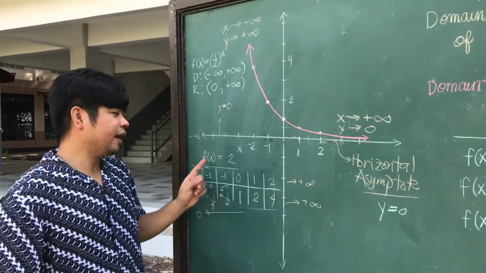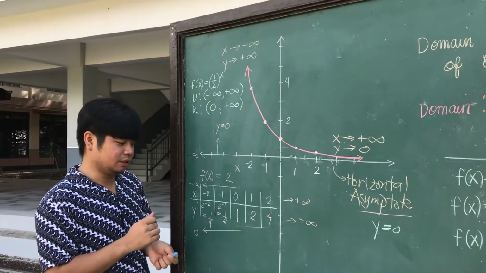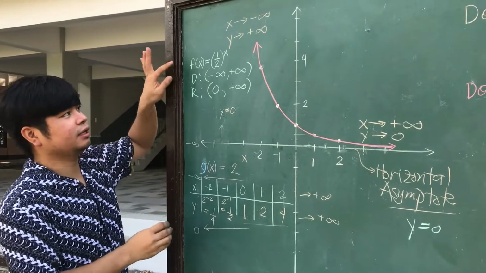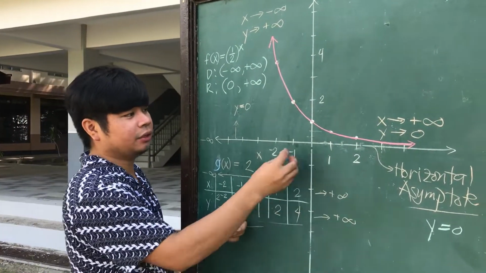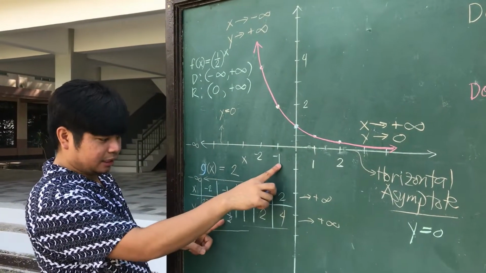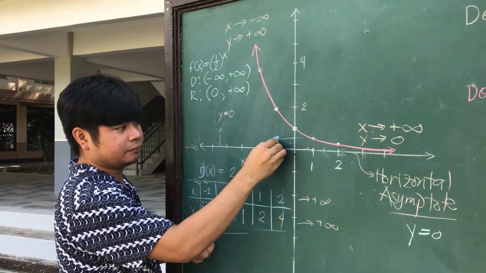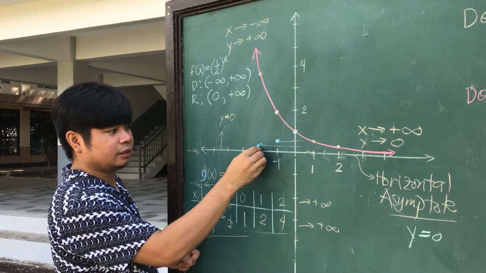Let us now graph f of x that is equal to 2 raised to x, and for us to have a different representation, I will name it as g of x, okay? For them not to be the same in the representation. So when x is 0, there you go, y is still 1. When x is negative 1, y is 1/2, so you have here. When x is negative 2, that is 1/4.